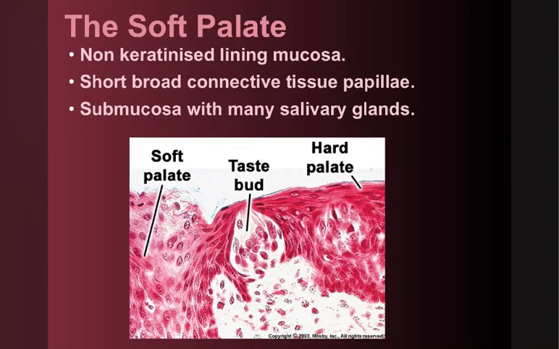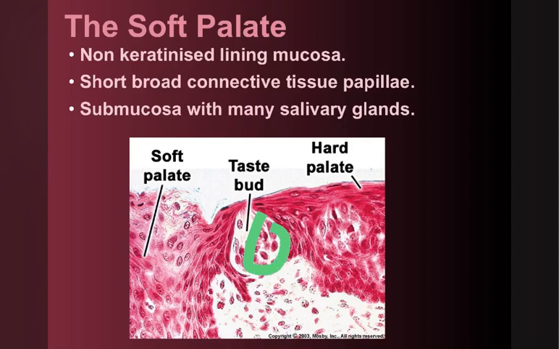Here we see the junction of the hard palate with the soft palate. We see the epithelium of the soft palate is thick and non-keratinized, and the epithelium of the hard palate is thinner and keratinized.